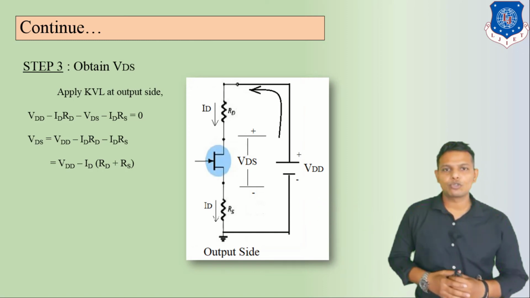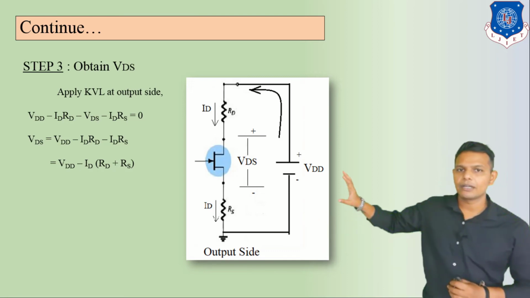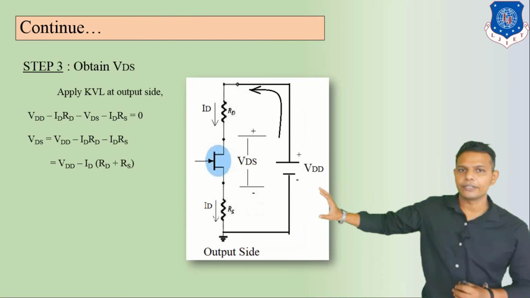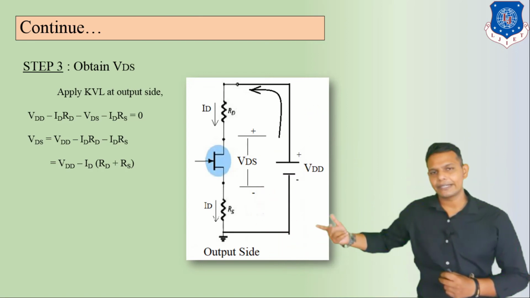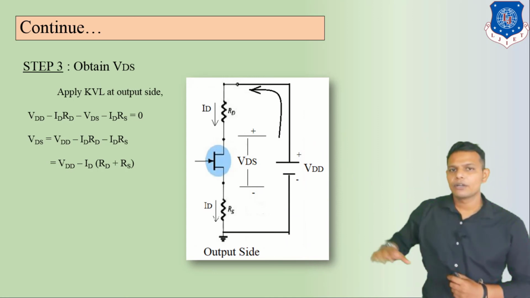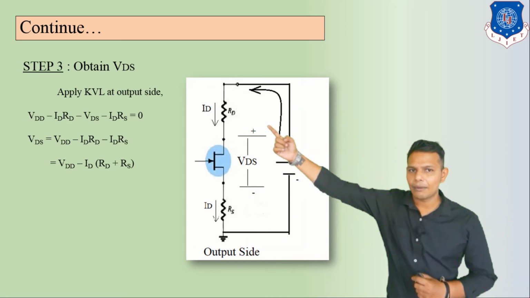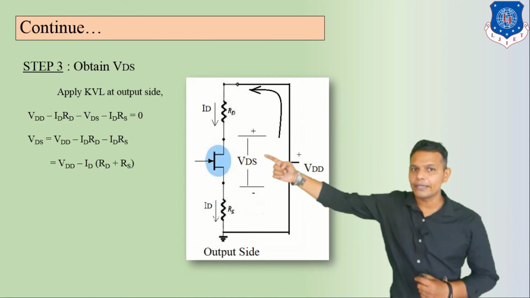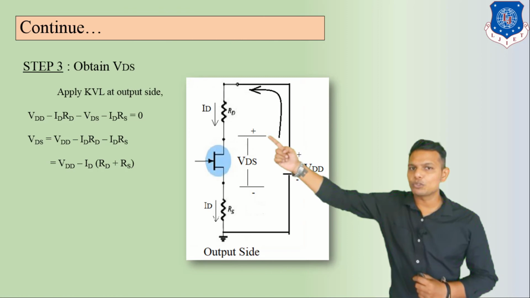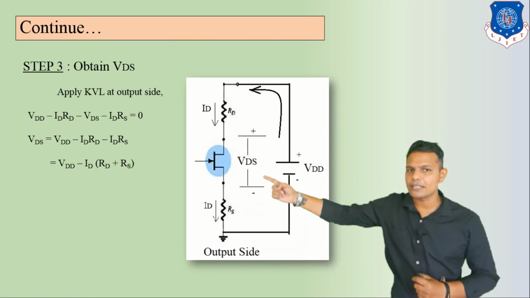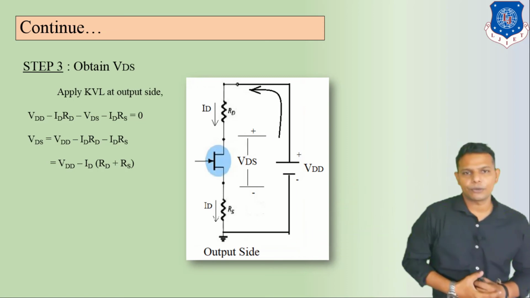So simple, we have to apply KVL at the output side. Now we will start with VDD and go further in the anti-clockwise direction. So what happened? VDD minus IDRD, here first positive sign, and we have to take minus VDS, here minus IDRS is equal to 0.